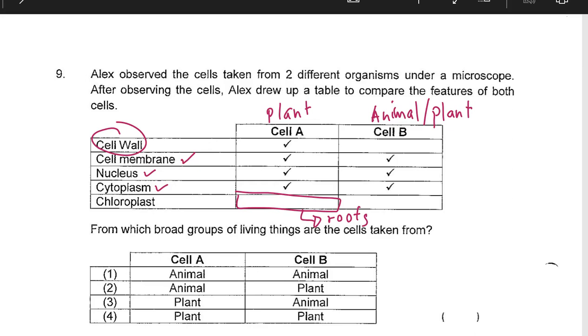Roots, for example, have none. So A definitely must be a plant cell because it has a cell wall. That's for these 2 possible answers. Whereas for B, because there's no cell wall and no chloroplast, we can safely say that it must be an animal. So the answer will be 3.